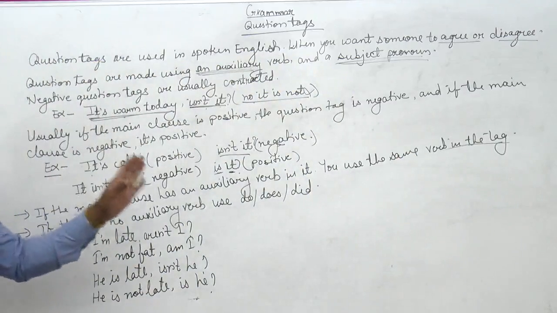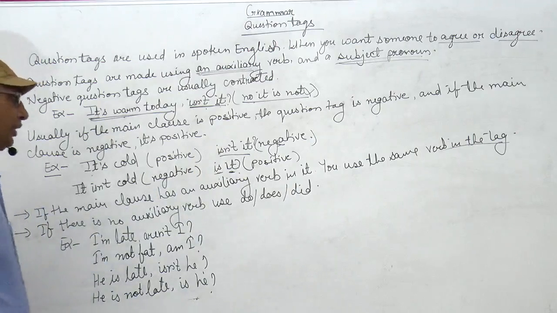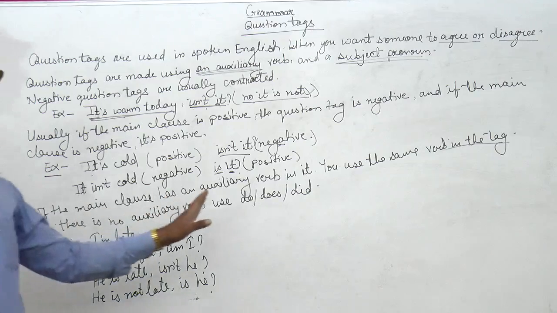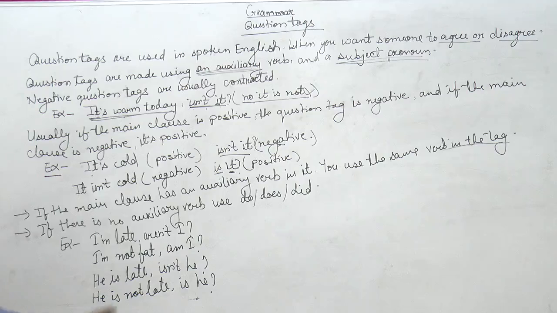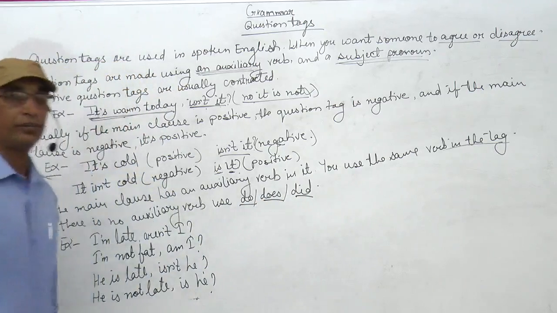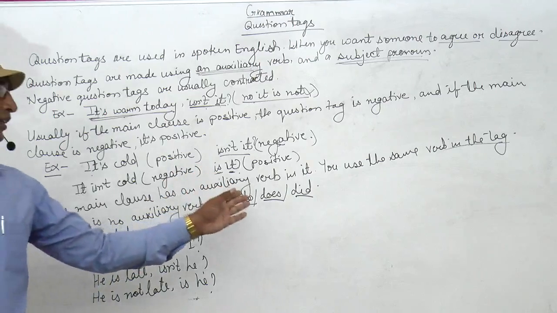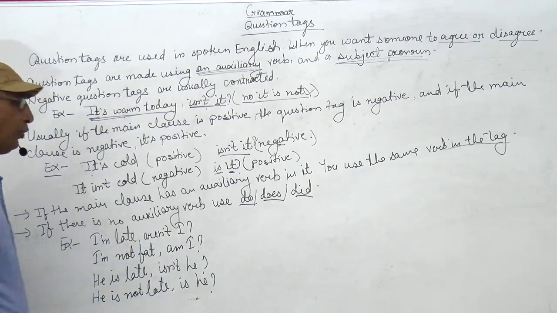If there is no auxiliary verb given in the statement, then use do, does or did according to the sentence or tense as we use in simple sentences, and then add the question tag.